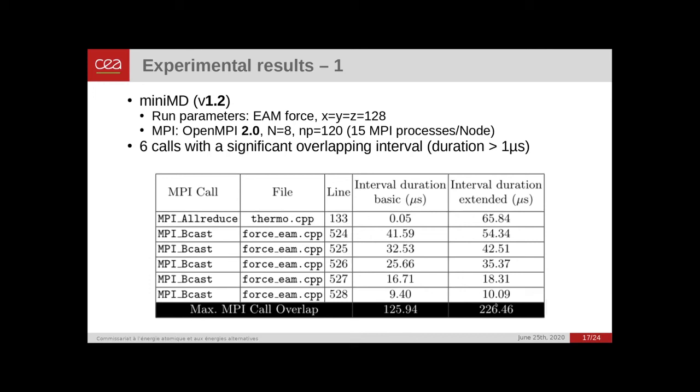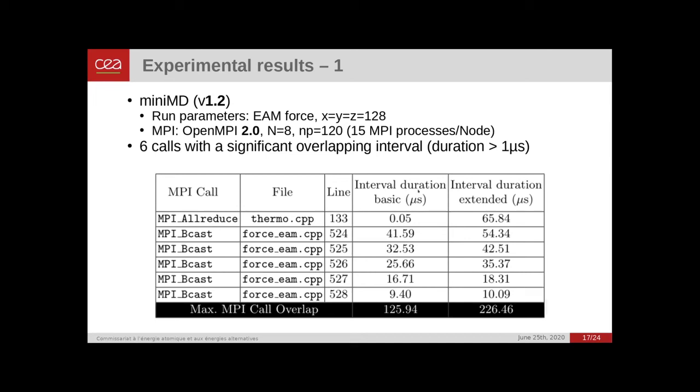And here we observe that with the basic method, so when we apply code motion in a way that it is blocked by the newest data dependency, for example for that MPI all-reduce call from the thermo.cpp file, the basic method was completely unable to expose any overlapping potential.